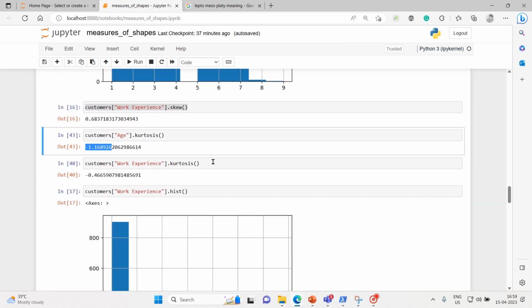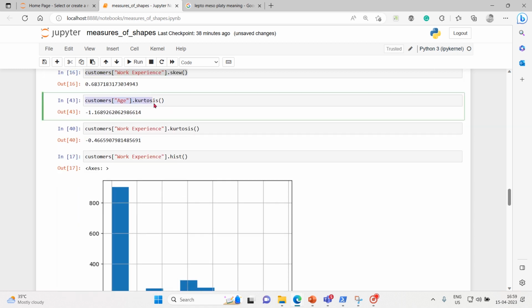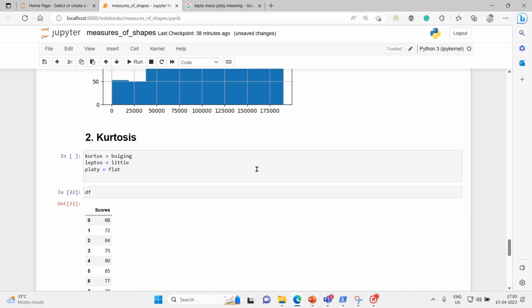So this is the work experience that we have seen. Work experience is this. Here we have put the age. Age is clearly again flat. Here you can see that this is a flat one. This is platykurtic.